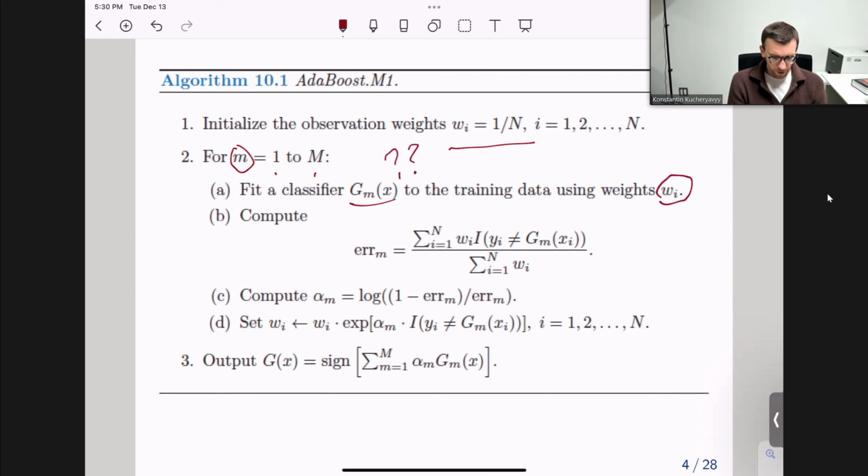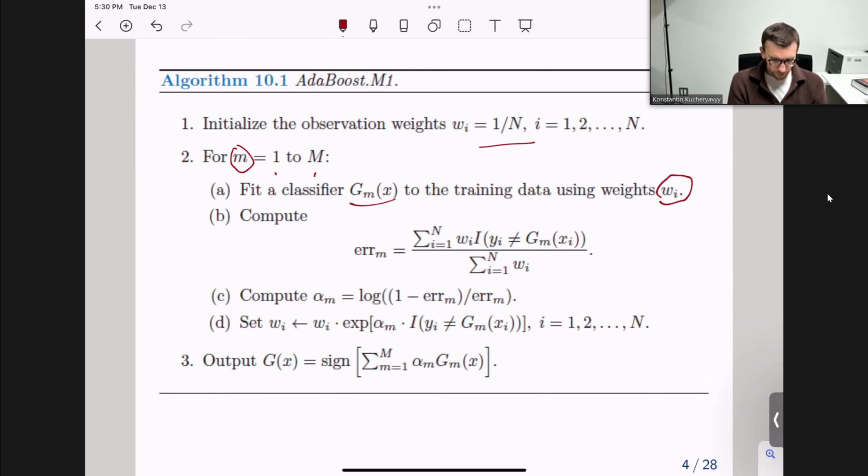What is this classifier? It can be anything, but in practice we use trees, and we will come to that in a second. But for now, this is a general enough algorithm that just deals with any classifier.